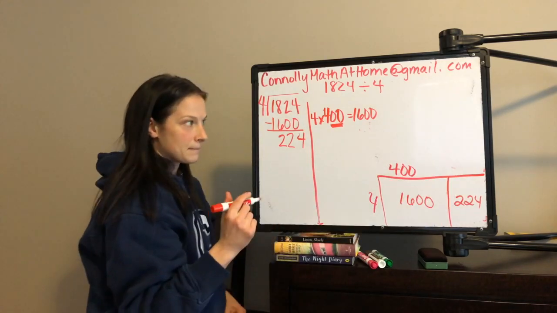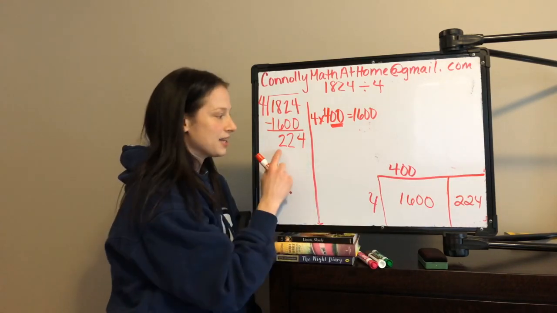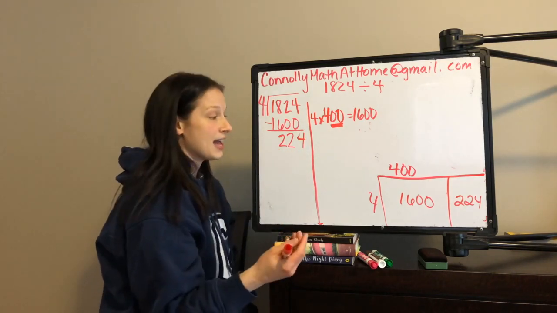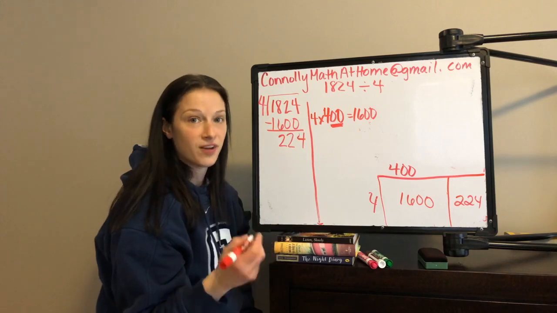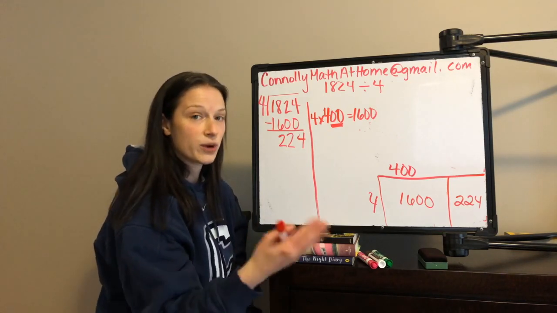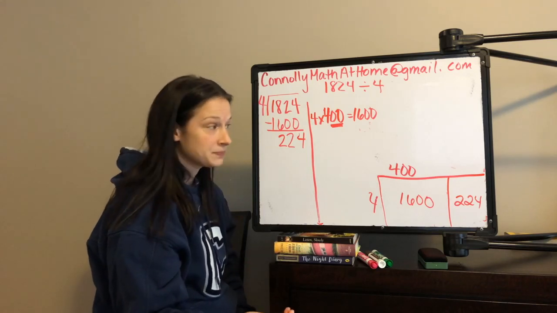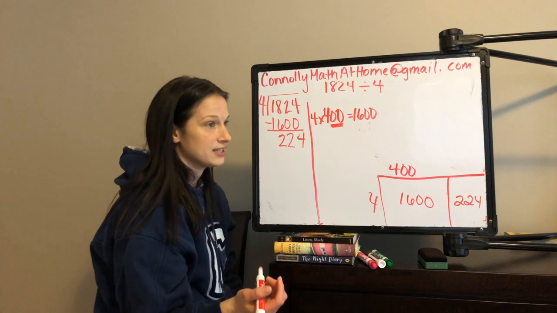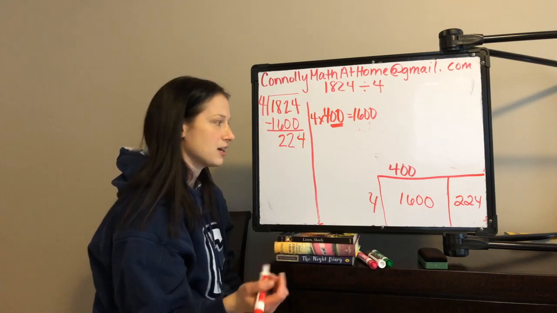Okay, so I'm at 224 oranges. I know that I can't make 4 groups of 100 because that's 400. I don't have enough oranges left. So I go down to my multiples of 10. So I'm thinking 4 times 10 is 40, 4 times 20 is 80, 4 times 30 is 120.